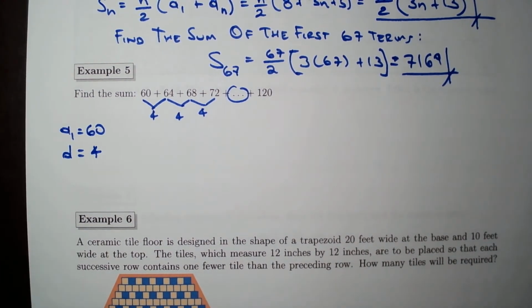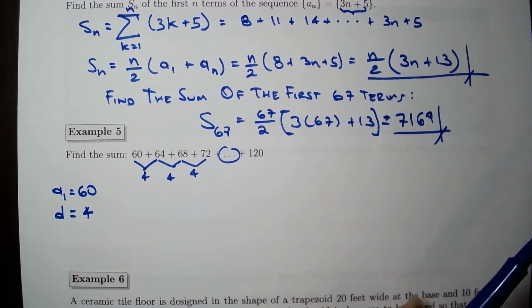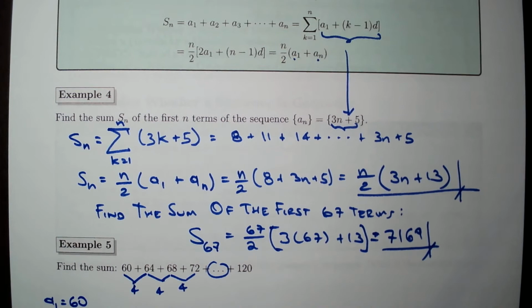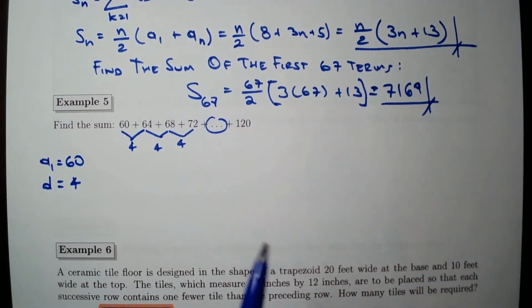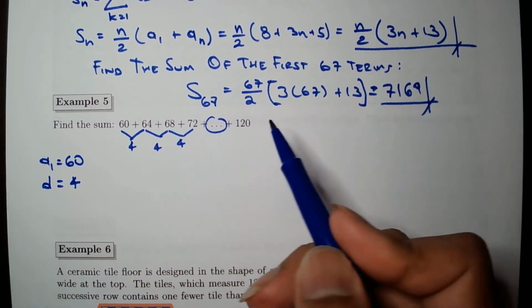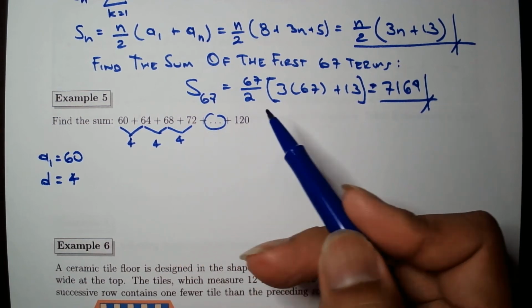Well, in this case, in order to find the sum of all these numbers, we need to know n, that is the number of terms. All right, but in this case we have a plus dot dot dot, and that's not telling us how many terms there are in the series or the sequence here.